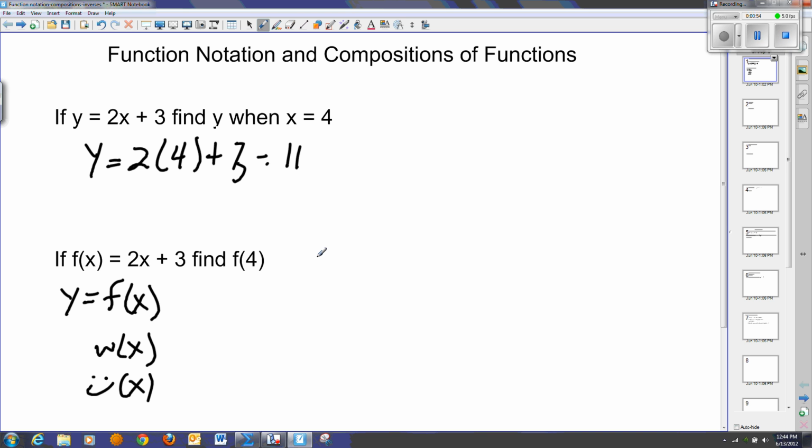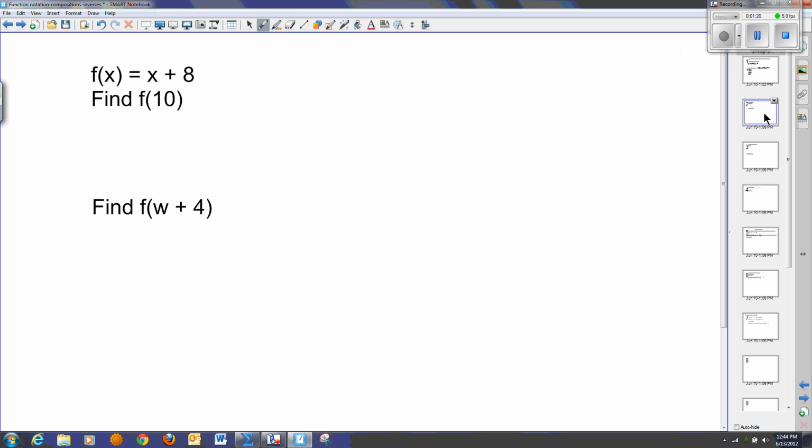So in that case, f of 4 was simply the same as, again, substituting 4 in for x, adding 3 to it, and again getting an 11. It's the same exact concept as we just did with a straight substitution.